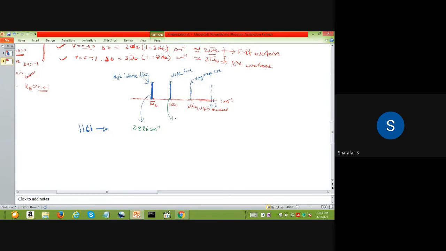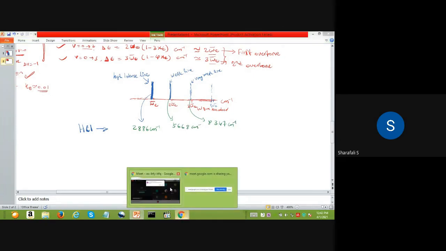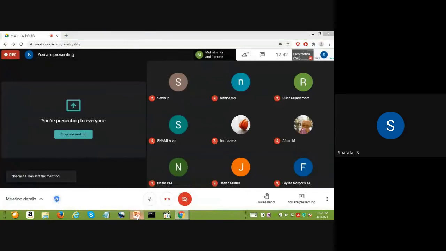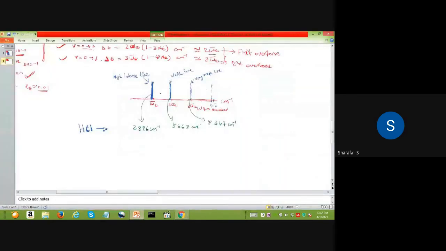The second line is observed at 5,668 centimeter inverse, and the third one, this one, is observed at 8,347 centimeter inverse.